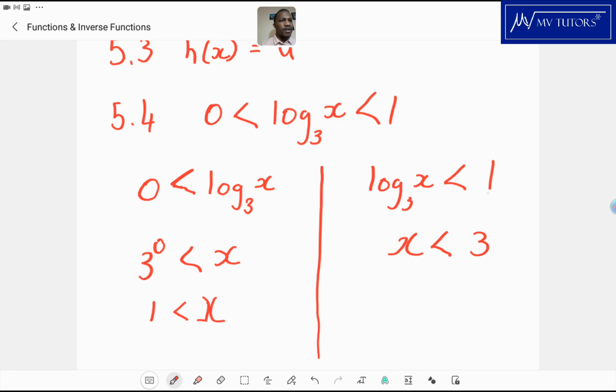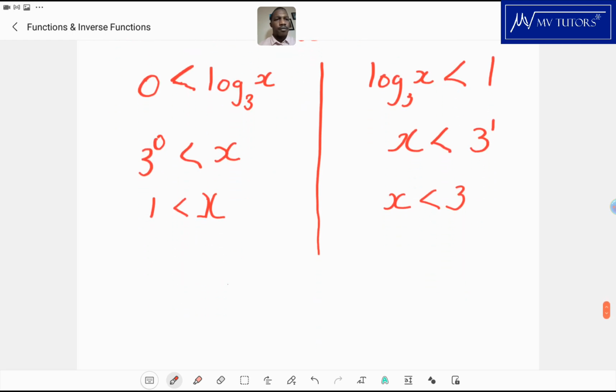So the base is 3, and then that 1 becomes an exponent. So this side we have x, 3 to the power 1 is still 3, and then therefore our final answer, then we have x, we put this side exactly as it is, we put that side exactly as it is.